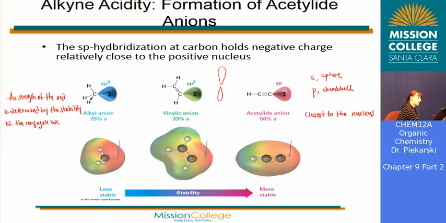So it's important that you know that. Remember, we went over that over and over again when we did the acids and bases chapter. I talked about how if you know the stability of the base, and this is the conjugate base, then you know the strength of the acid. So because this is a more stable conjugate base, that means its acid is more acidic than the other two. Okay? So that's the reason why we're able to pull off that proton.